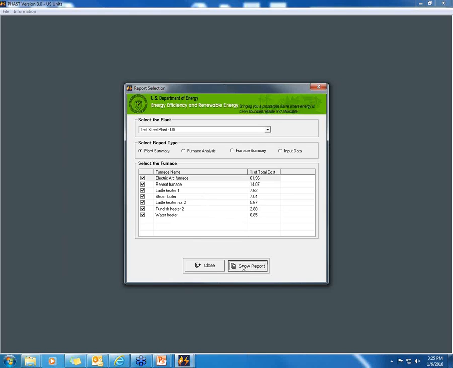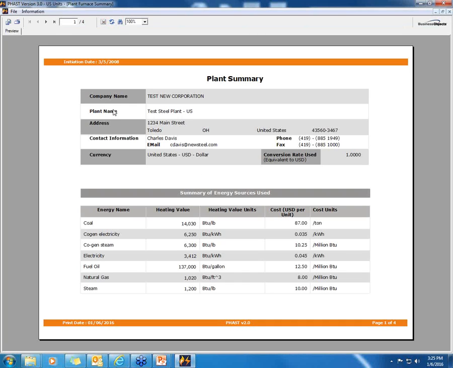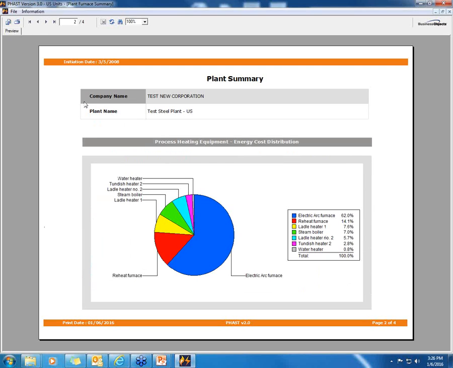If you click on plant summary report, it shows plant level information, whatever information you provided, location and currency and all that information. Then a summary of energy sources used.